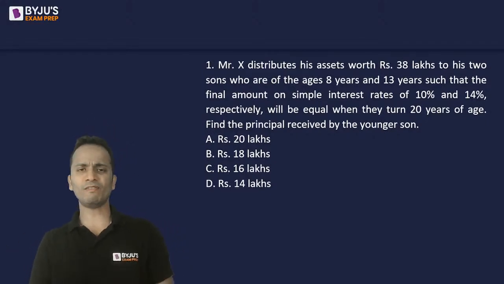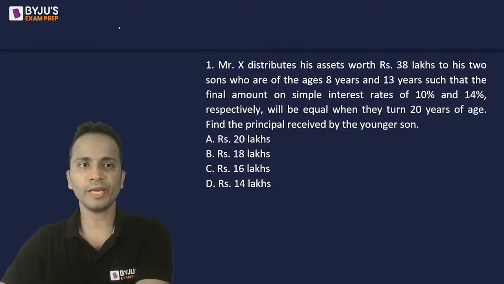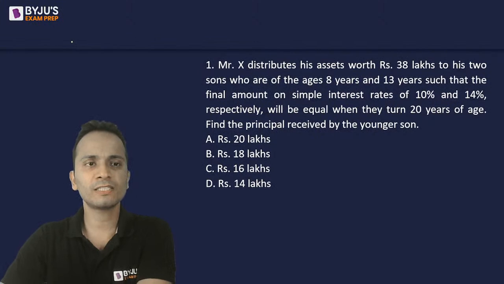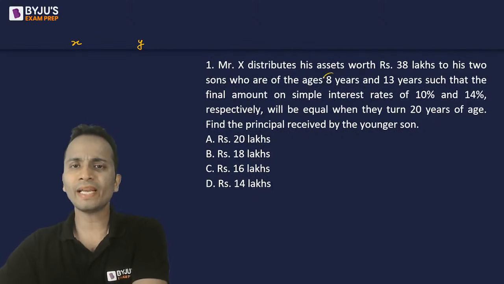Okay, so let's have a look at it. Now, 38 lakhs is divided among two sons. Okay, so let's say the first son is getting X and the second son has got Y. Okay, now the first son who right now is 8 years old, right? The rate of interest for him is 10%. Right?